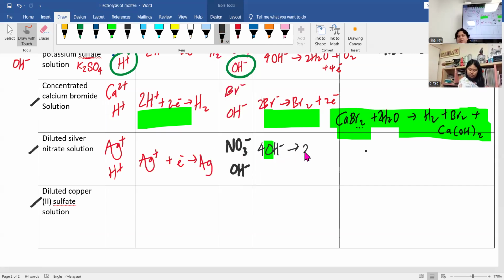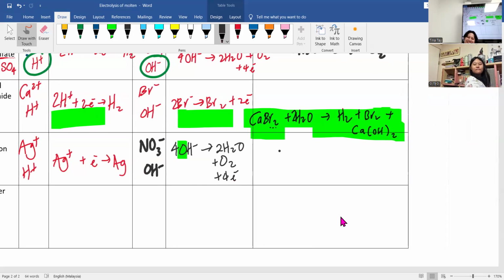This hydroxide equation you've written so many times, I'm sure you can write it in your dreams also. That's not realistic. Okay, so let's see this: silver nitrate, hydrogen, hydroxide. Who did I choose? Silver and hydroxide.